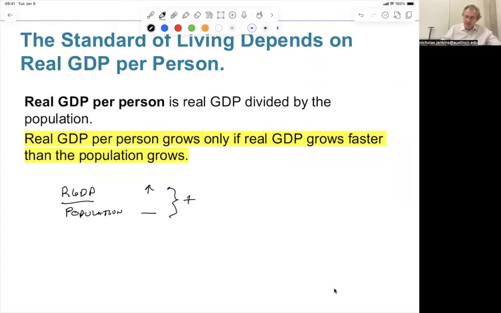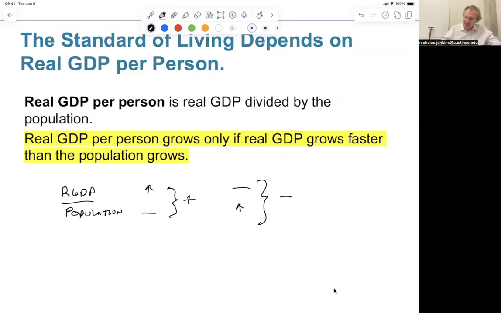But if real GDP stays the same and population grows bigger, then the outcome is negative because now we're increasing the denominator. When the denominator gets bigger, this ratio gets smaller and we're actually contracting.